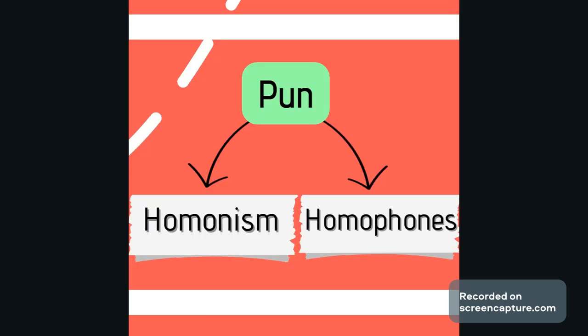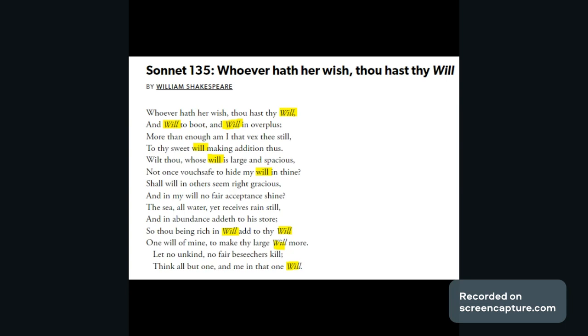I'm going to show you some examples. Here we can see in Sonnet 135 one example of a homonym by Shakespeare. He takes advantage of the fact that will has a lot of different meanings, and so he plays with it.